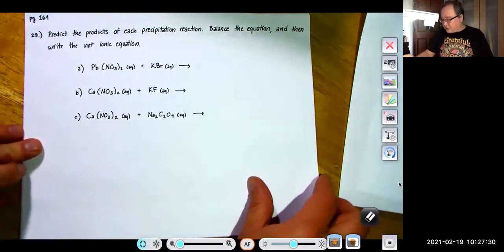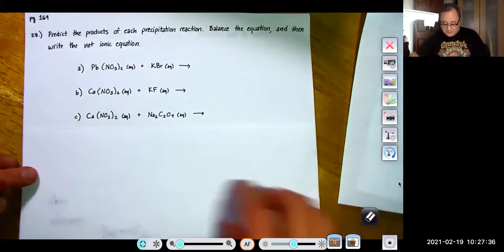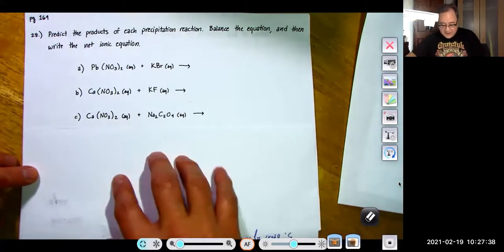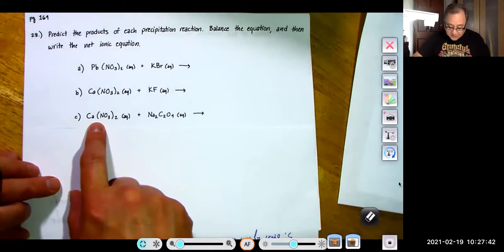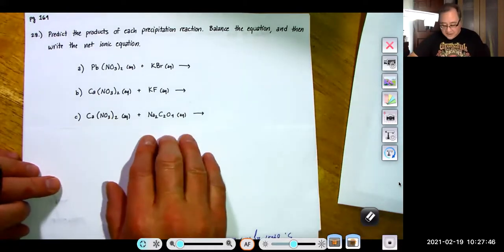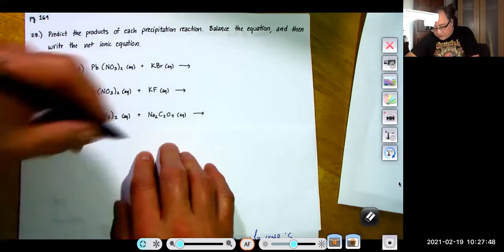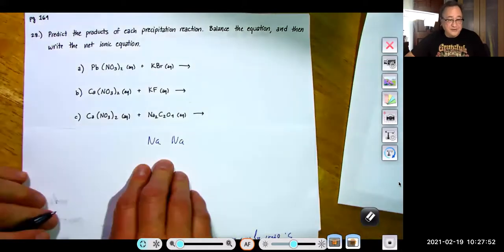Well, actually, let's do a little bit on C just to get you started. So I think it's obvious what the ions are here because we just did that one above, right? Now here's a weird one. What are the ions? Well, we know for sure we have 2 sodium ions.